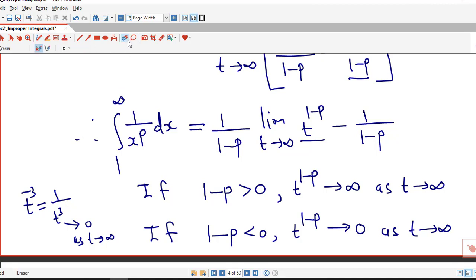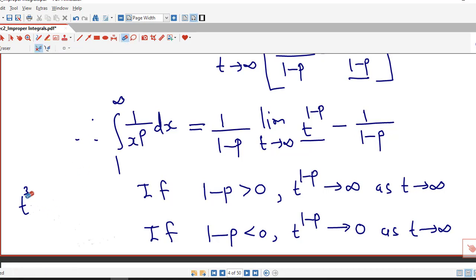So if the power of t is negative, its limit is 0 as t tends to infinity, and if the power of t is positive, for example t raised to 3, then as t tends to infinity it becomes infinity.